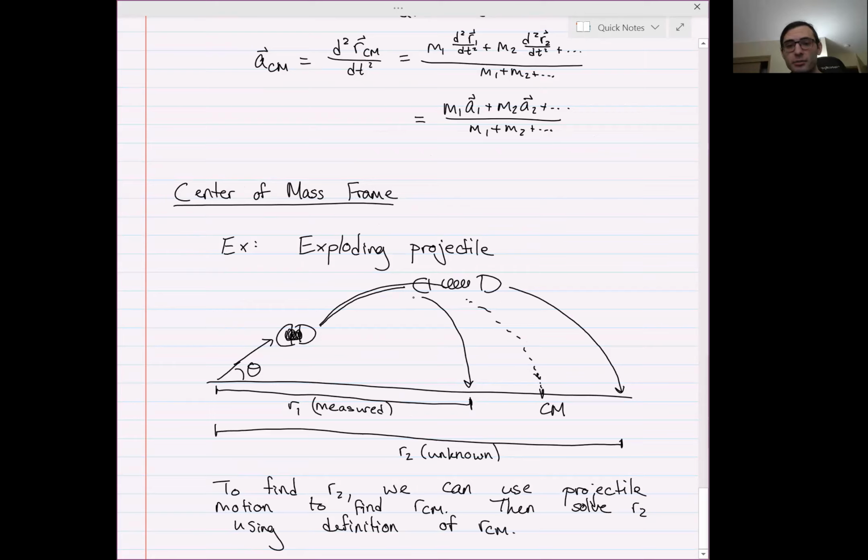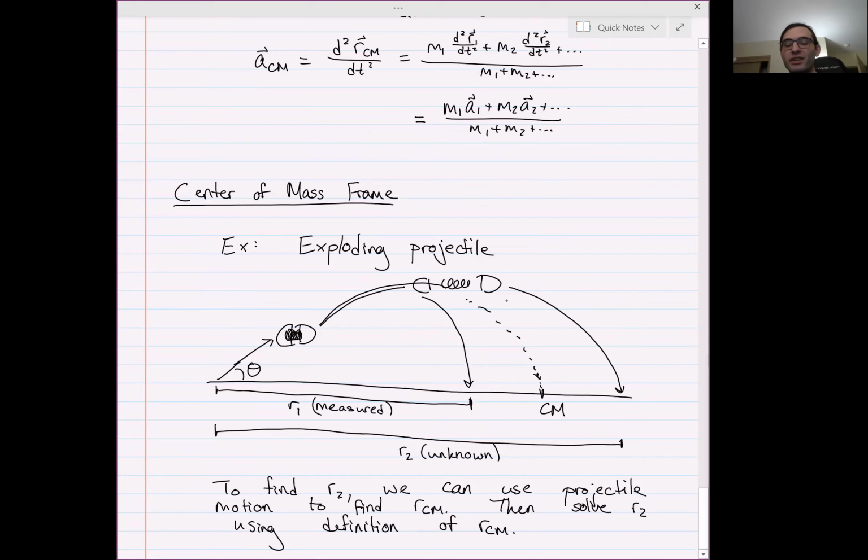As long as the center of mass experiences no external impulses, that means that the center of mass is not changing position before or after they separate.